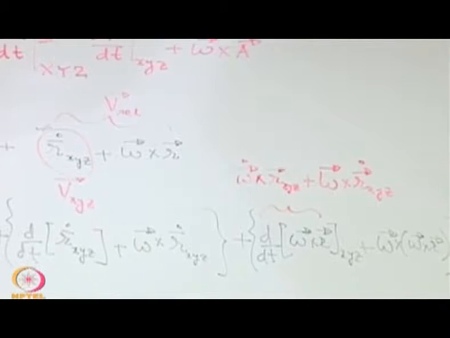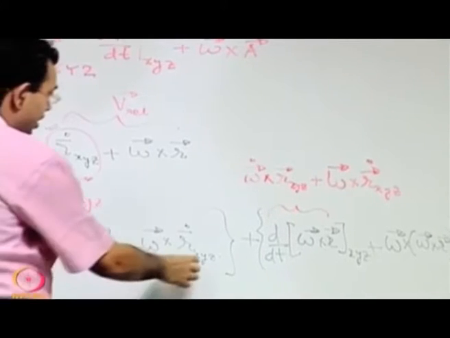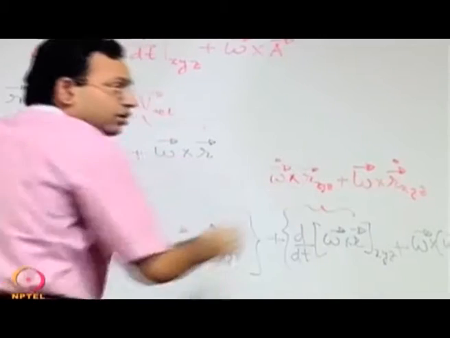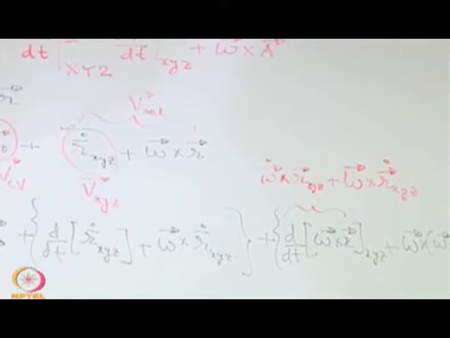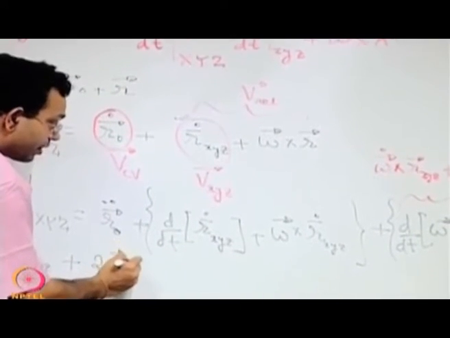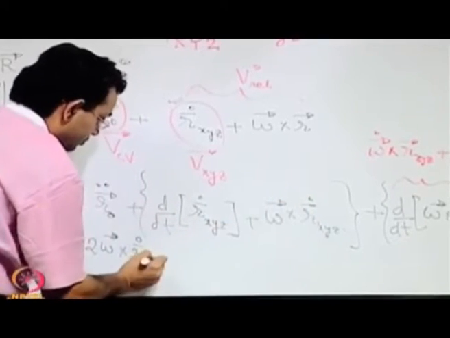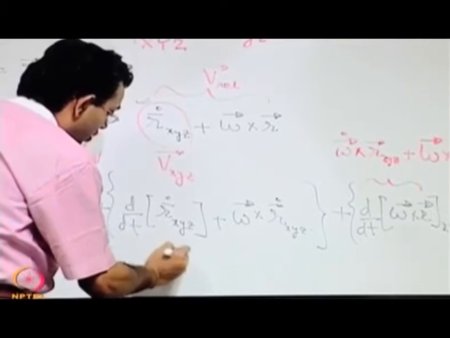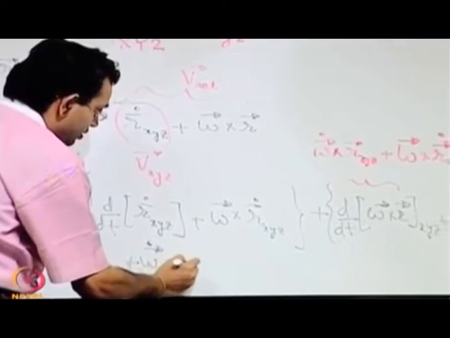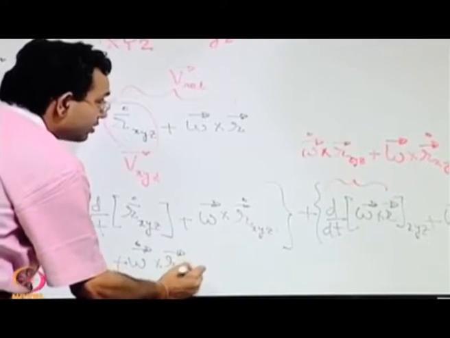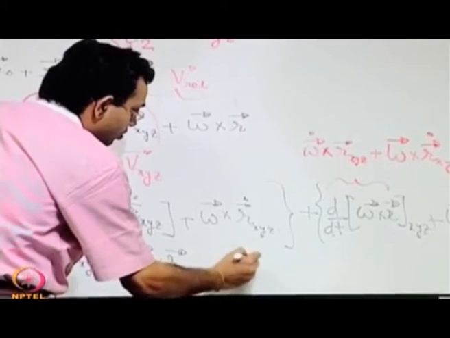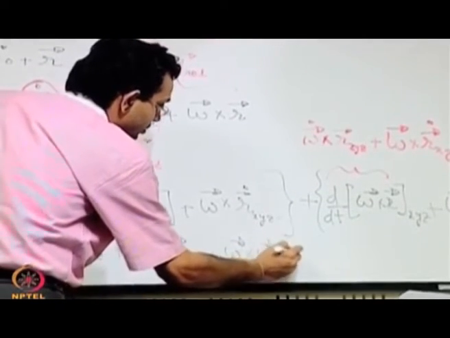So if you collect now omega cross r dot small xyz and this omega cross r dot small xyz, it will become 2 omega cross r dot small xyz, then you have omega dot cross r small xyz plus omega cross omega cross r.